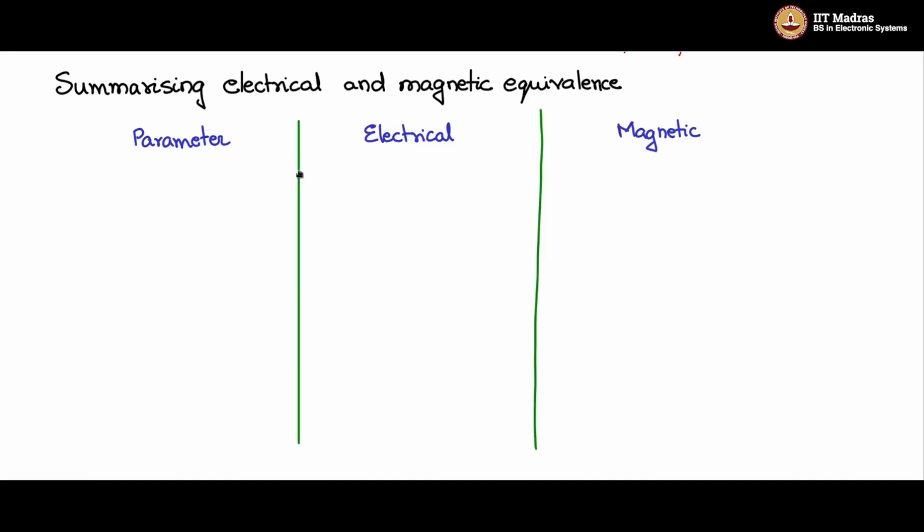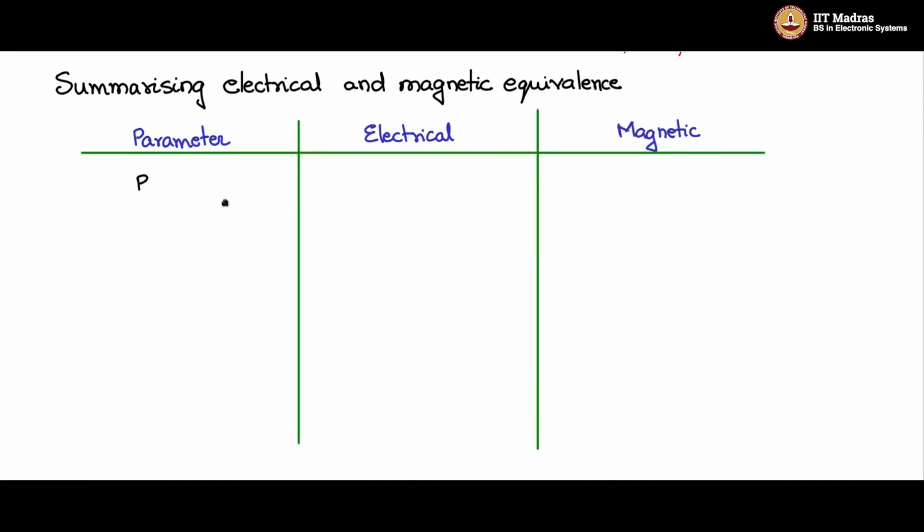In the discussions till now, we have made some equivalence between electrical and magnetic parameters. Let me summarize them so that we understand the electrical and magnetic properties equally well. The potential in electrical is voltage V, or EMF, electromotive force. In the magnetic domain, it is the magnetomotive force.